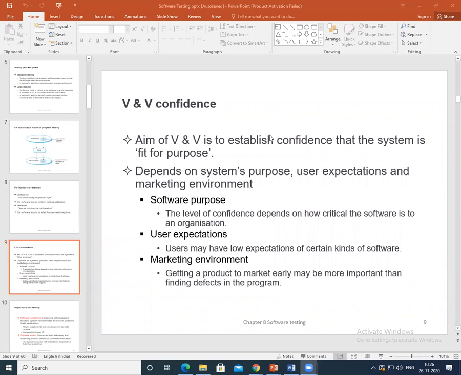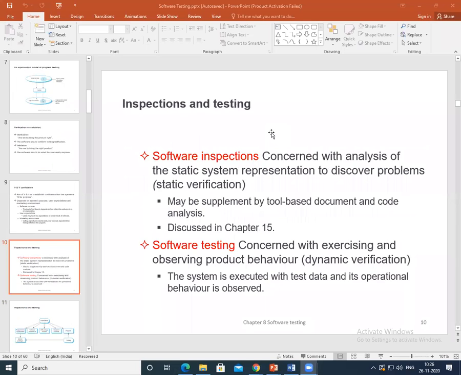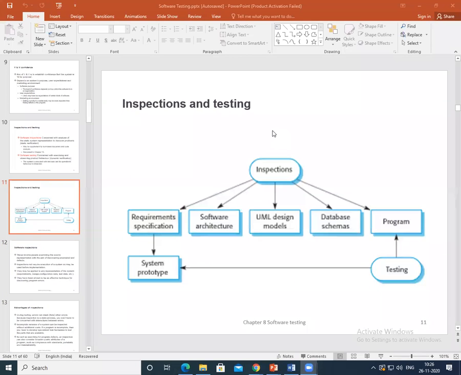It is a static technique in which we don't need to execute the software to verify it. This figure shows that software inspection and testing support the static V&V process at different stages in the software process. Basically these arrows indicate the stages in the process.